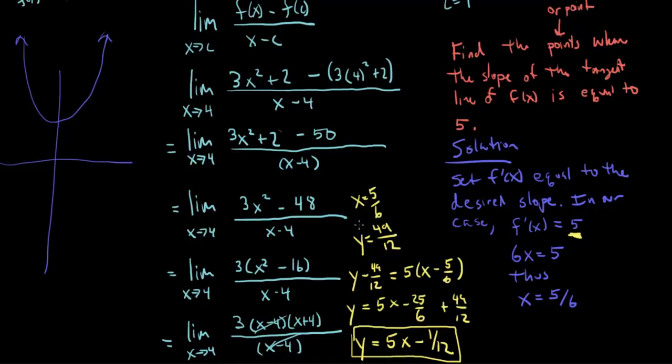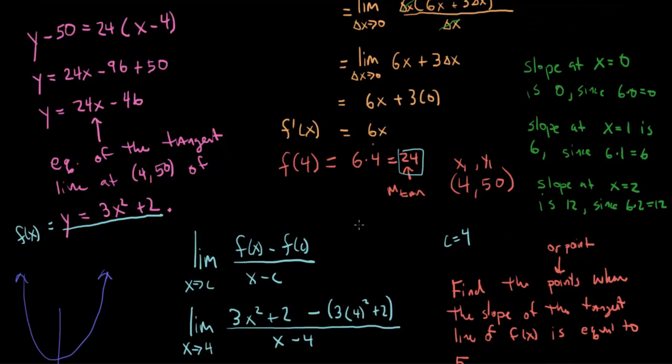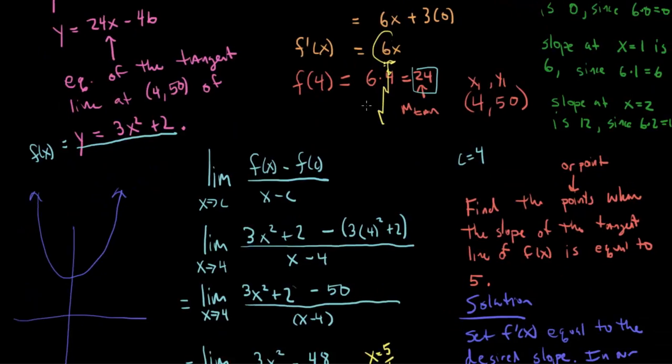Now, let's say that your derivative was a quadratic function. Well, then you'd have two answers to that question. But since this derivative right here is a linear expression, when we set that linear expression equal to a number, we just get one solution.